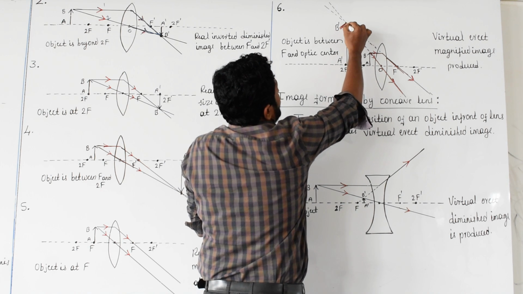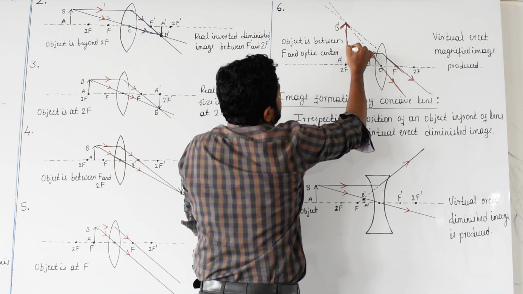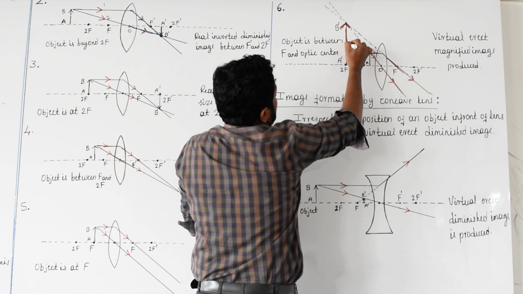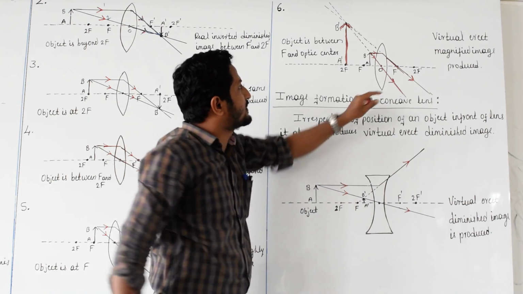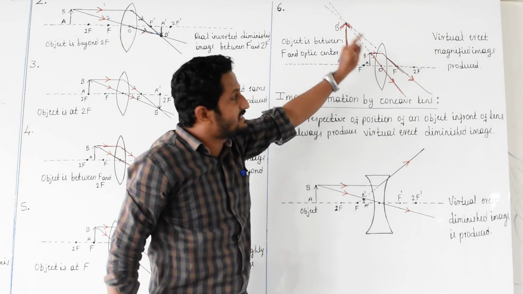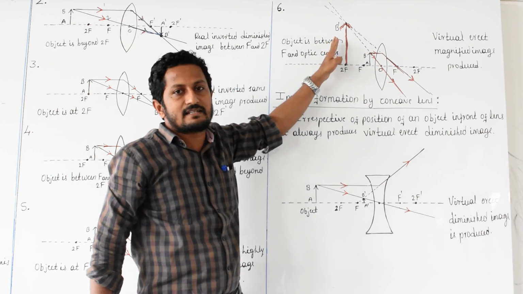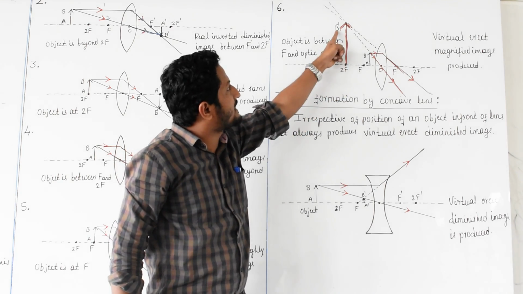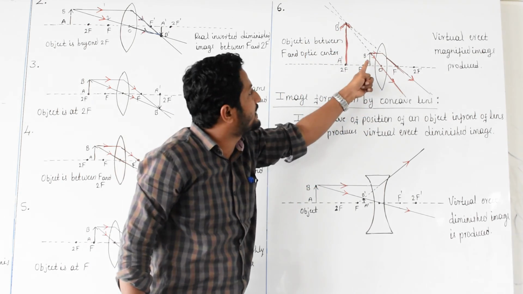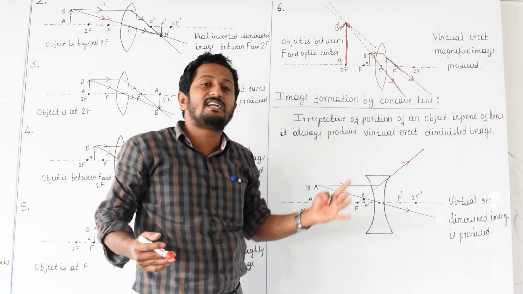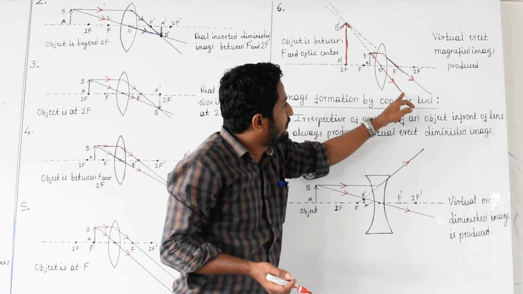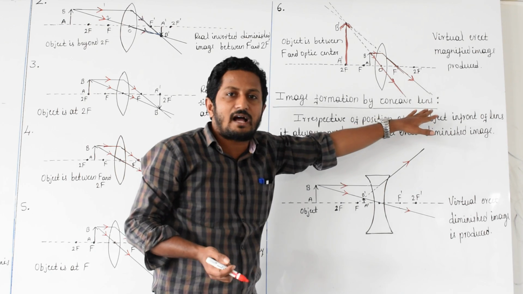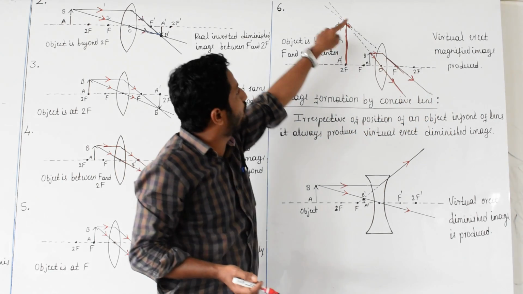Then from that you have to draw one perpendicular to the principal axis. This is now the image. We feel that the image of this object is there somewhere here. A dash B dash is the image of object AB. Which kind of image? When these two light rays reach your eye, you feel they came from this point.